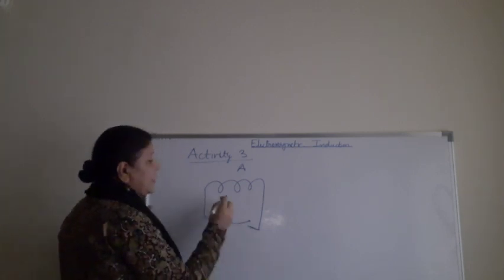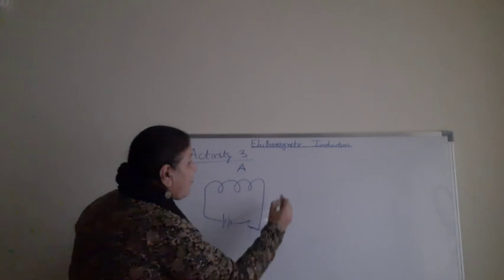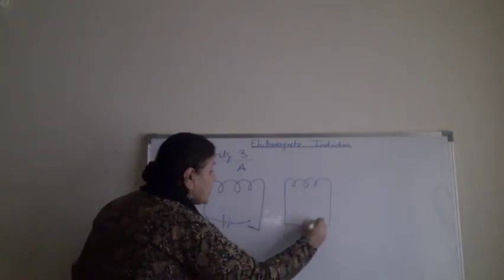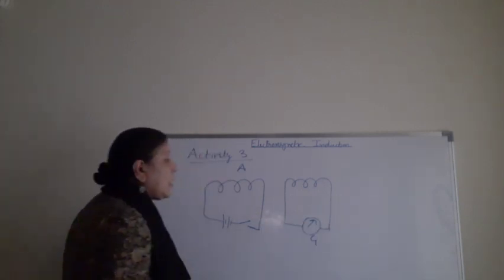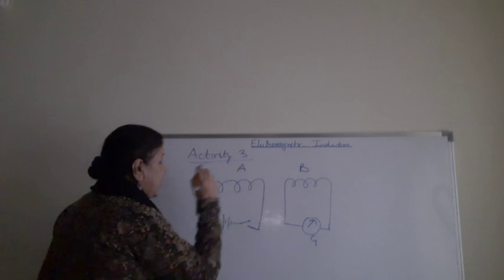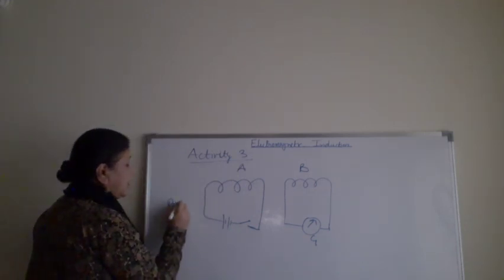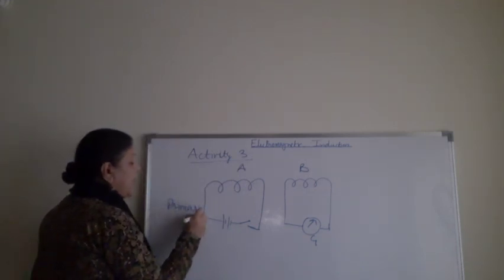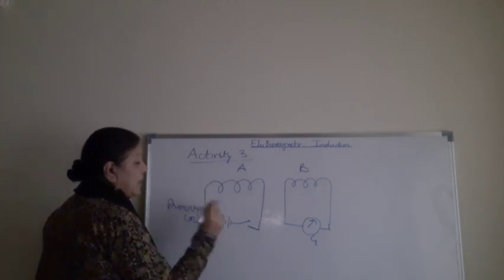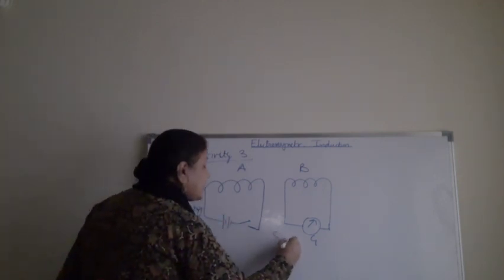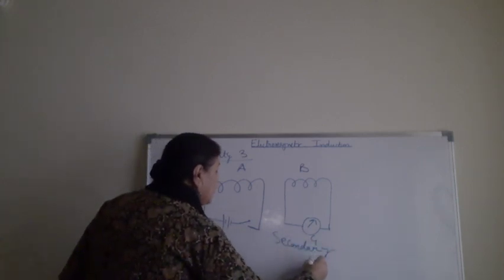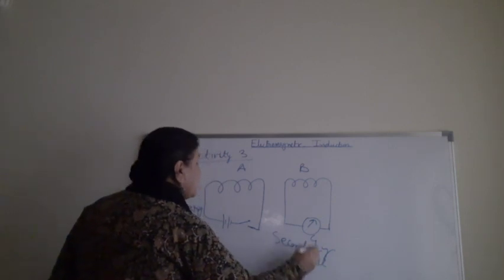So this is coil A. We have one more coil which is placed close to this coil, and now we'll see what will happen. This A is called the primary coil and this B is called the secondary coil.